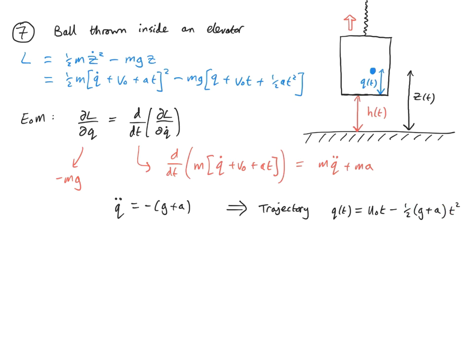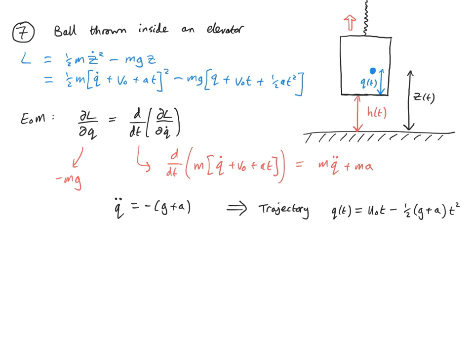From this trajectory, it looks like gravity has just got stronger. It looks like instead of g, we have g plus a. The acceleration of the elevator here enters into the trajectory in exactly the same way as the gravitational acceleration.